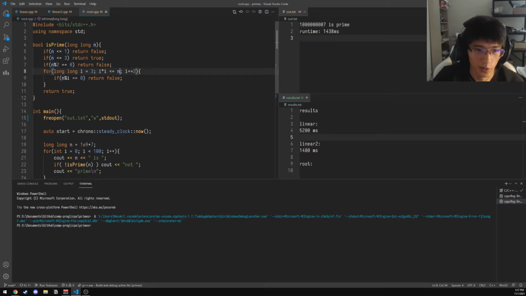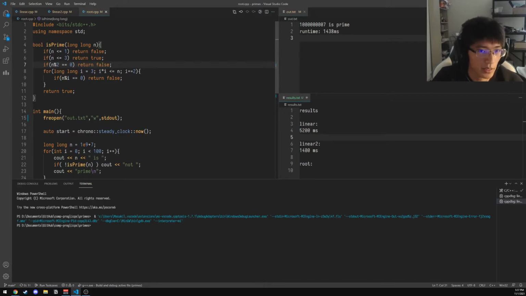So instead of checking whether i is less than or equal to the square root of n, you might want to try something like i times i is less than or equal to n. These are things to think about.